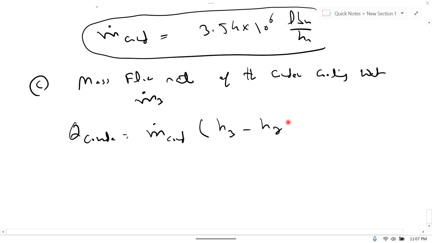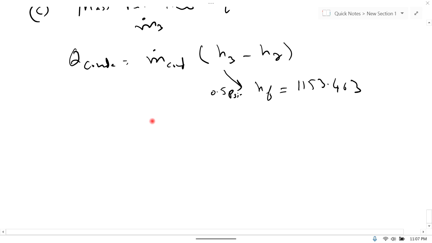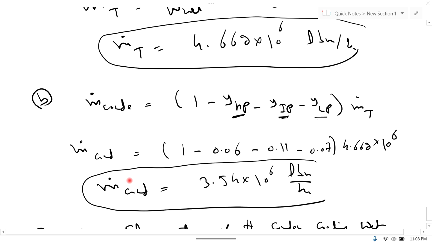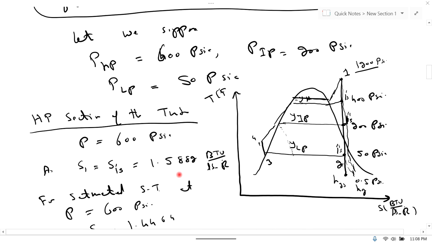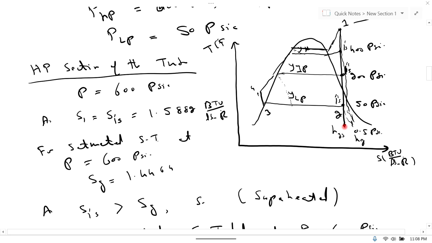H3 is basically on the saturated liquid line. H3 is equal to Hf at 0.5 psia, and this is equal to 1153.463. H2 is basically at the exit of the turbine. H2 is this point here, the exit of the turbine. So we will find this value.